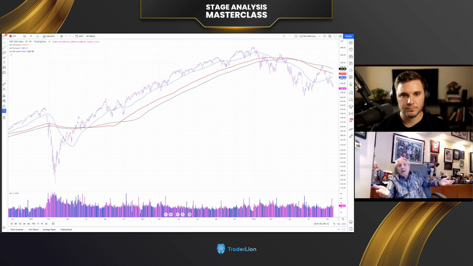There was a reason why it had the big rally, and the stock is no longer making new highs on the good news. That's a warning. Then a bigger warning is when you start to break below the 50-day or 10-week, which is the same thing, moving average. Now it's migrating from late stage 2 into early stage 3. Eventually it breaks below the long-term moving averages. Boom, now you're in stage 4.